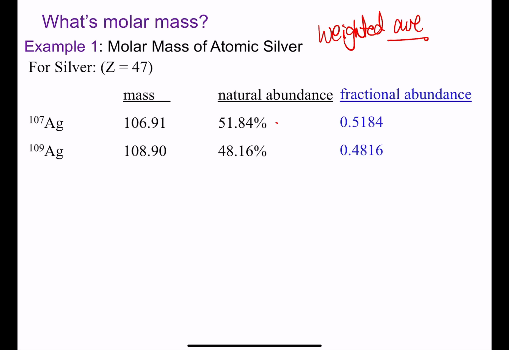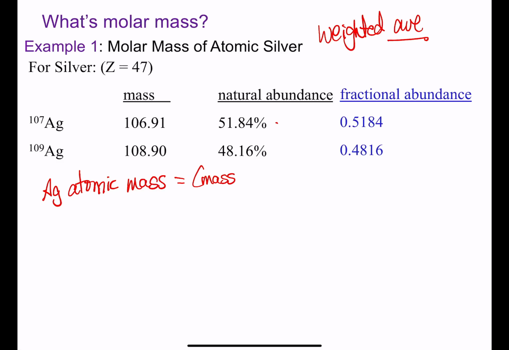So we can think about this as a percent abundance or a fractional abundance. If we're thinking about our weighted average, and this is true for all weighted averages, and especially true for molar masses, the silver atomic mass is going to be equal to the mass of each isotope.